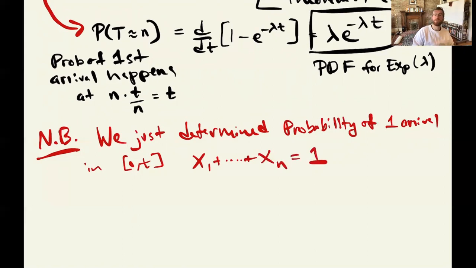Well, suppose I want to know not just when my first customer comes, but what's the probability of, say, k customers arriving in this window of time? So how do we determine the probability of k arrivals?